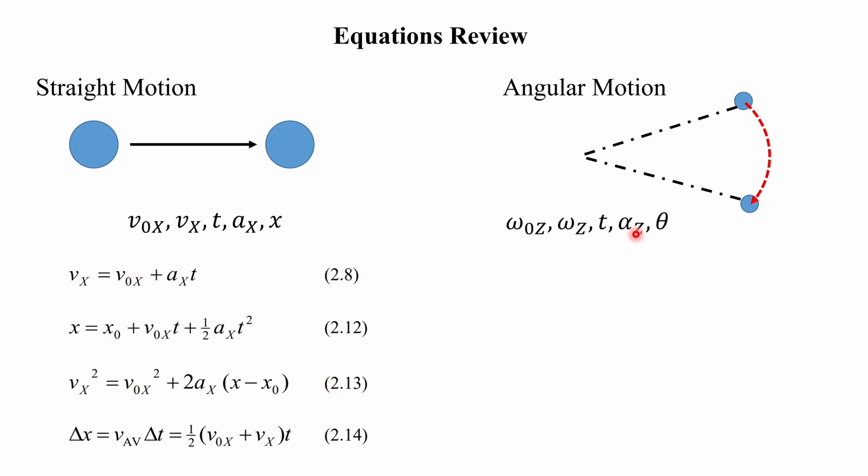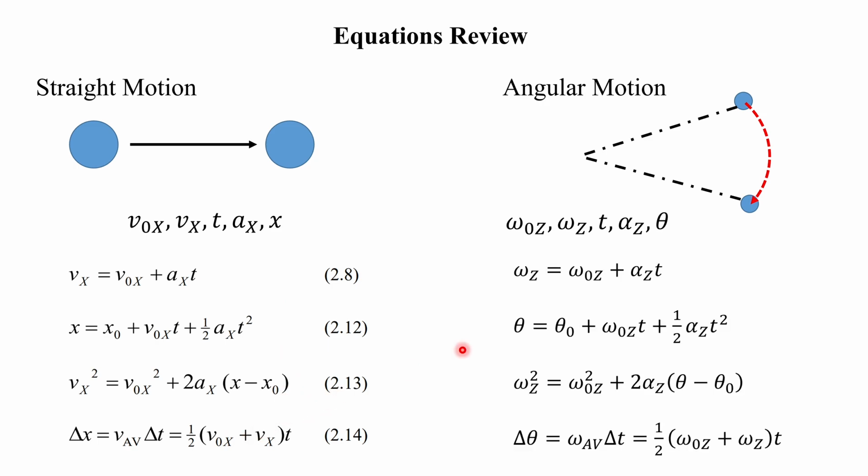Then we have the angular acceleration, this is alpha, and we have theta. So you just need to change the linear velocity to the angular velocity, and we keep the same time. I replace the acceleration with the angular acceleration, and I replace the displacement with the angle. Then I can rewrite these 4 formulas.